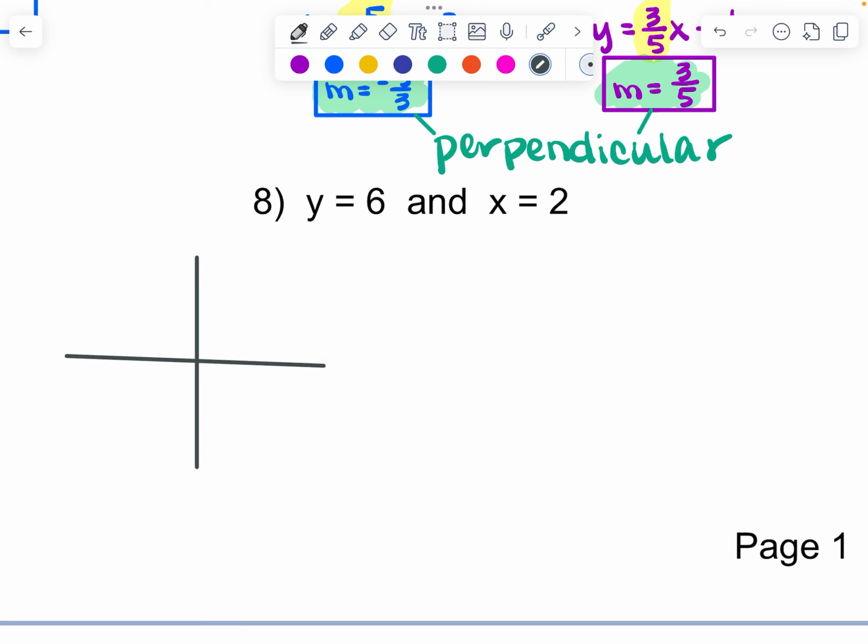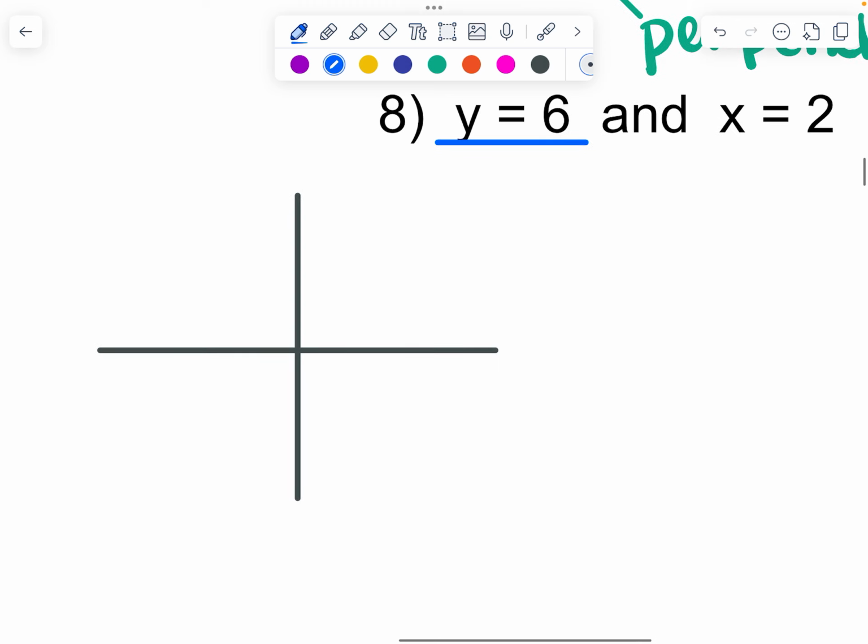I'm going to sketch the graph though. Sorry, it's going to bother me that that line keeps going crooked. Okay, so remember, the line y equals 6 means he's only allowed to cross the y-axis at +6. So here's the y-axis, 1, 2, 3, 4, 5, 6.